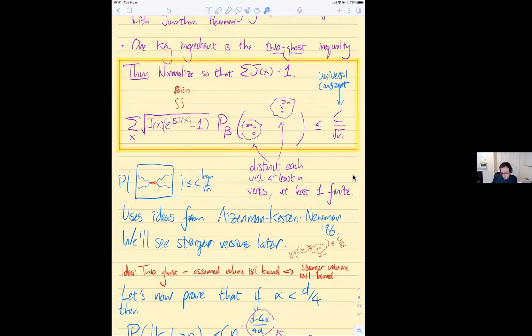In particular, what it tells you, and again, this is only really implicit in the paper, is that if you take an edge of the lattice and take a box with side length n, and look at the event that the endpoints of the edge are in distinct clusters, each of which reaches the boundary of the box. Okay? What they proved essentially is that the probability of this event is always bounded by log n over root n times a constant. In fact, you don't even really need the log n.